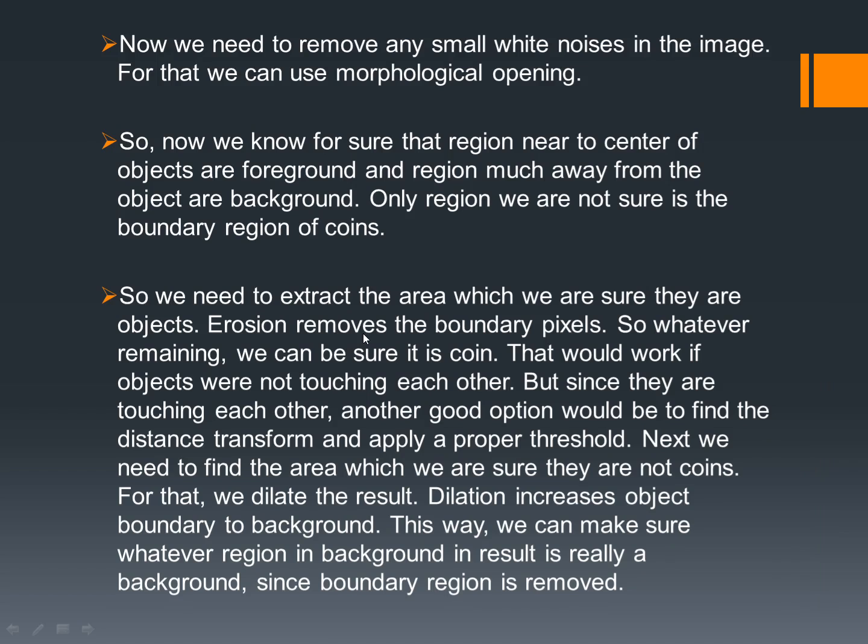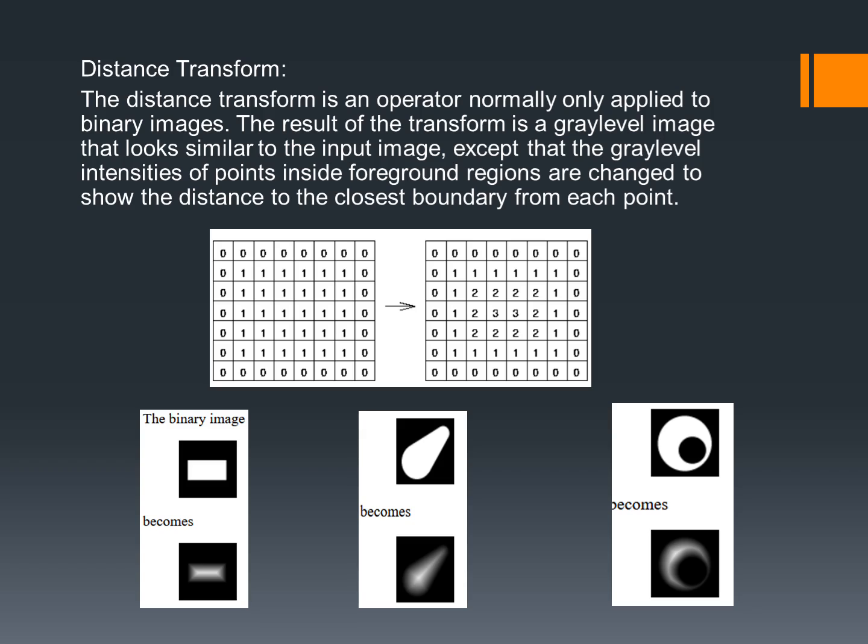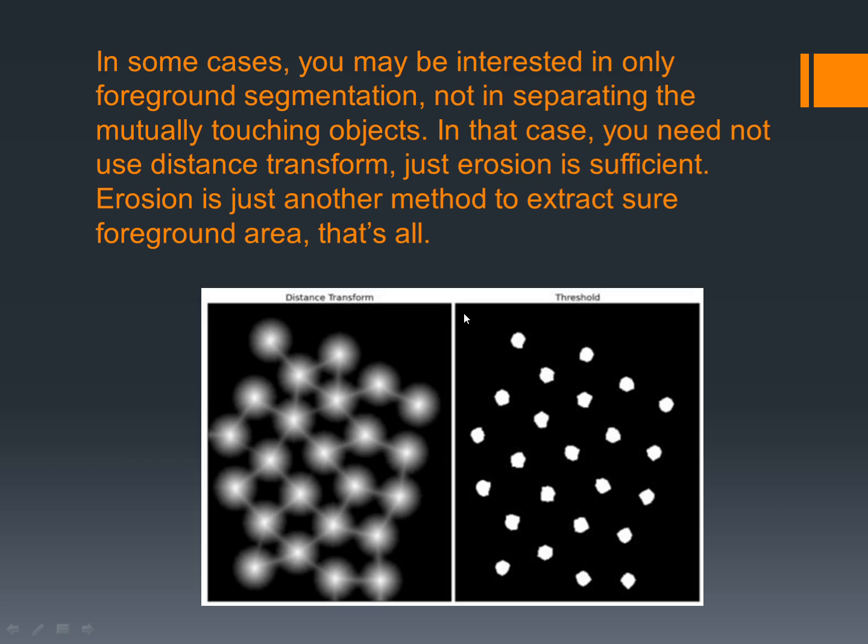We need to do the distance transform, because using it we are maintaining a distance from each boundary. So if the distance transform is applied, this is the output which we are getting. Even if they're overlapping or touching, we at least get a continuity in this case.